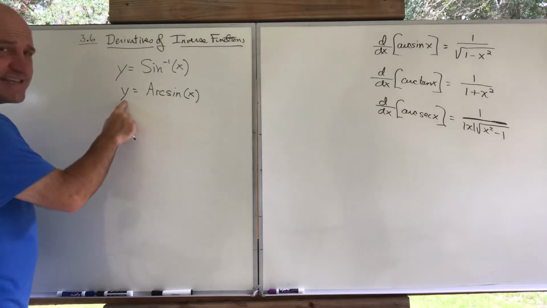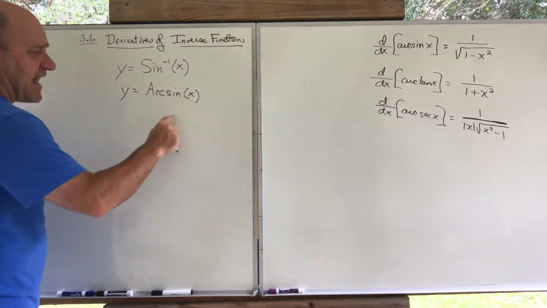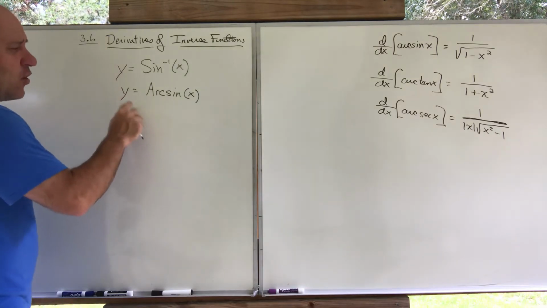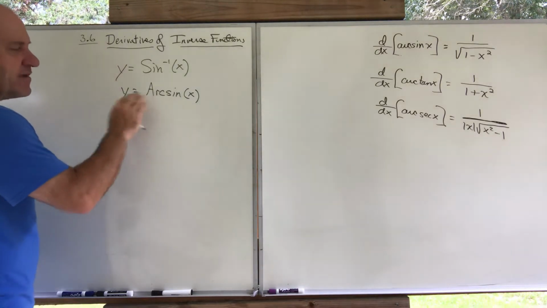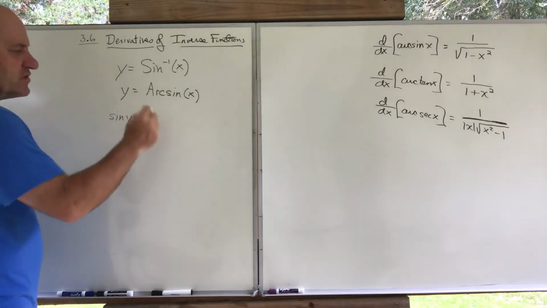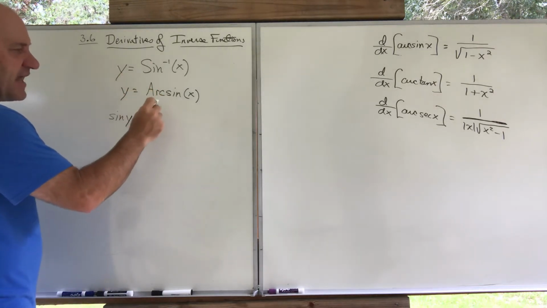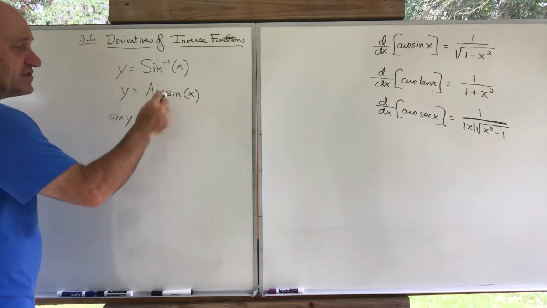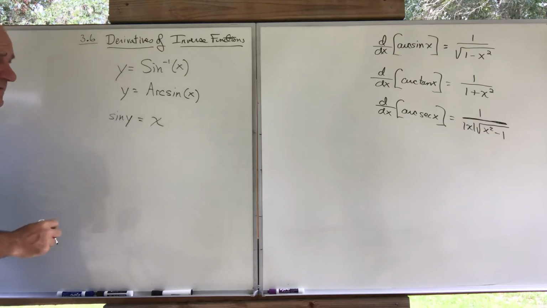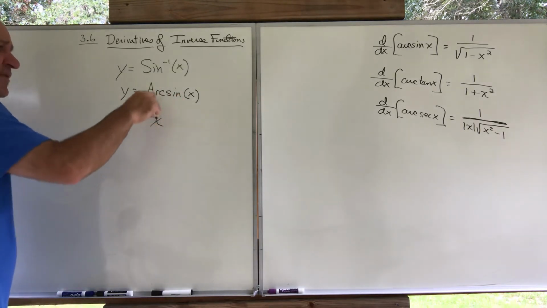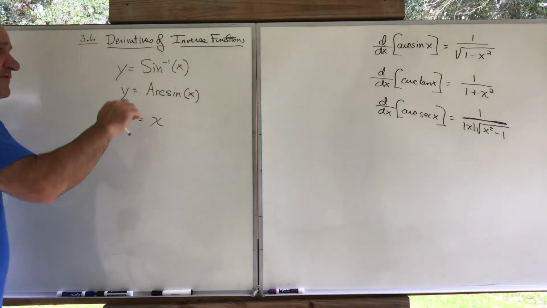So y is the angle whose sine is x. The arc sine of this number x is this angle y. Or you could say, let's take the sine of both sides, and you get the sine of y equals the sine of the arc sine. Well, since they're inverses, they cancel each other out, and we just get x. So I'm rewriting this statement as this. These are equivalent statements.